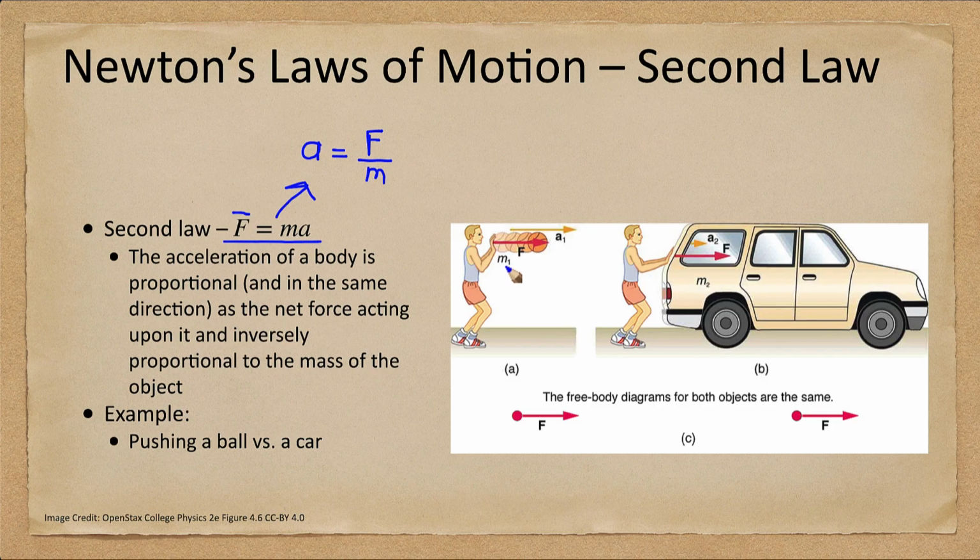If you have a much smaller mass, you are going to get a larger acceleration. If you take that constant force and divide it by a very small mass, the acceleration will be larger than if you divide it by a large mass. So the ball will accelerate more, and we see a1 here much larger than a2. But the forces are identical. It is the masses that are different.